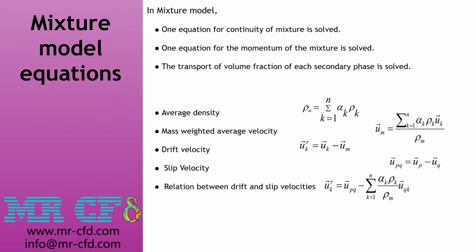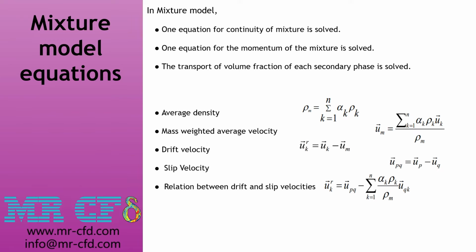In this part, we will cover some of the points regarding the mixture model along with the employed equations, assumptions and restrictions. The main points which you should consider when using the mixture model are the fact that one equation for continuity of the mixture flow is solved and one equation for the momentum of the mixture is solved. And of course, the transport of volume fraction of each secondary phase is solved.